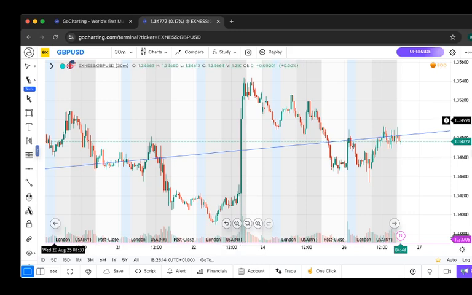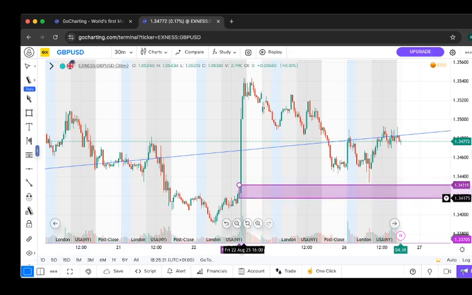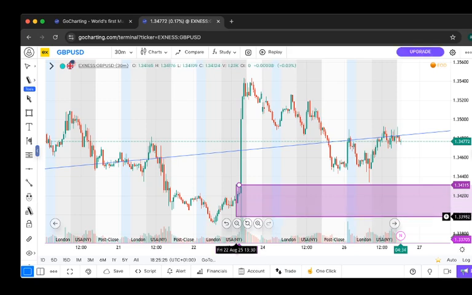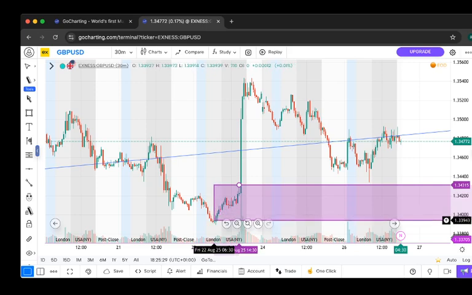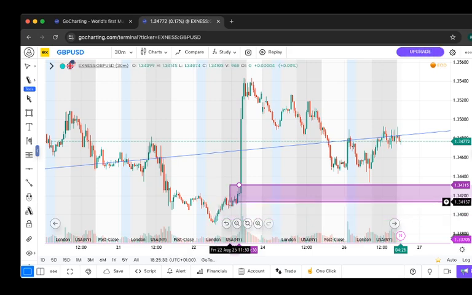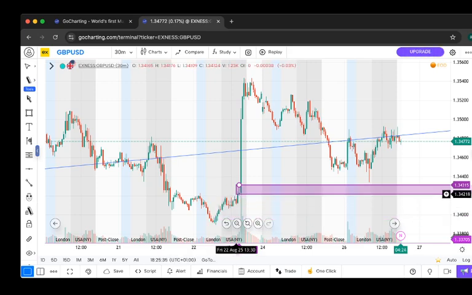Like I said earlier, for your supply and demand, you can always easily use the previous candle wick to wick, but as a beginner, you can equally use the full body of the rally, just so you don't get stopped out easily. But using the wick to wick, once you're already good at making your analysis, would give you a tighter stop loss and a better risk to reward ratio.